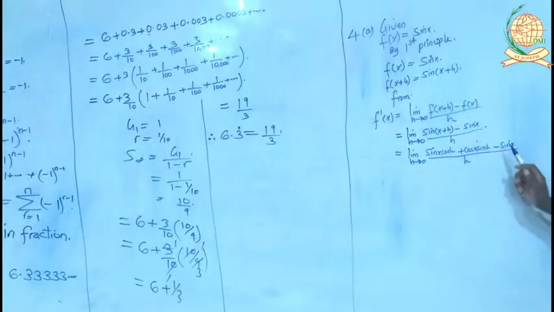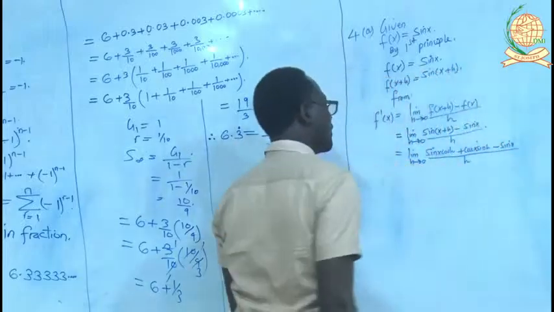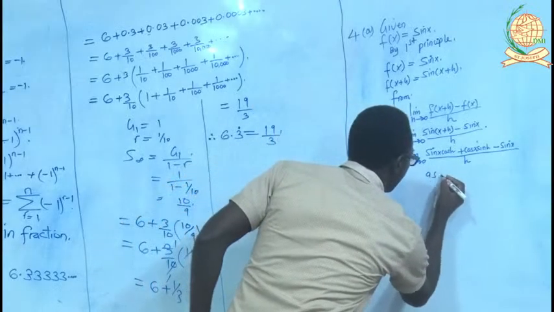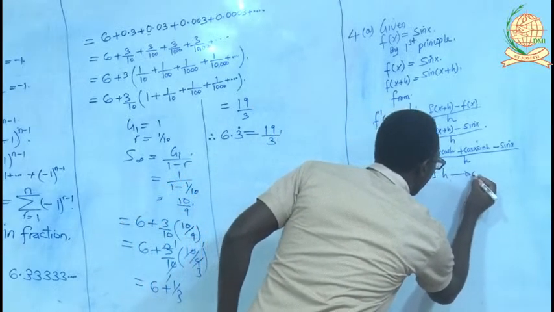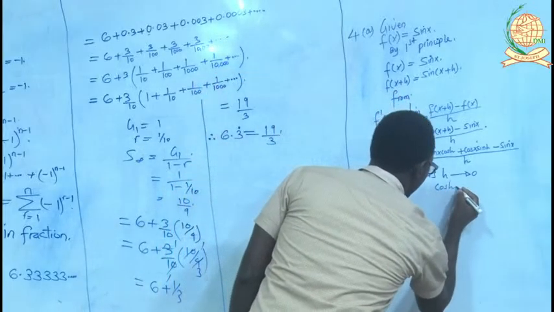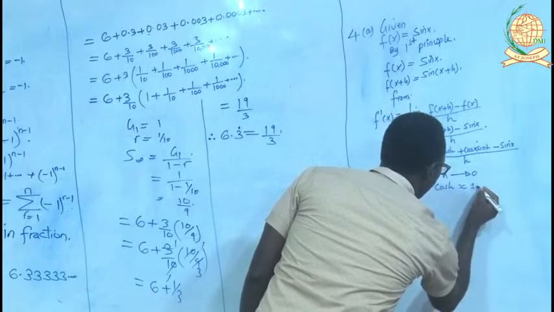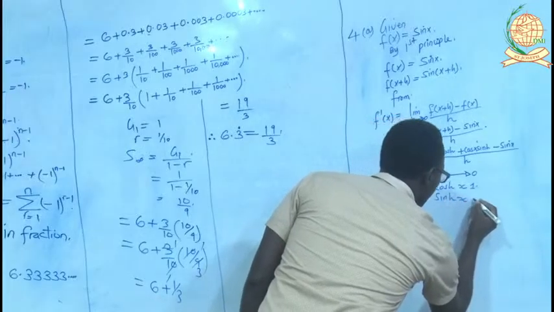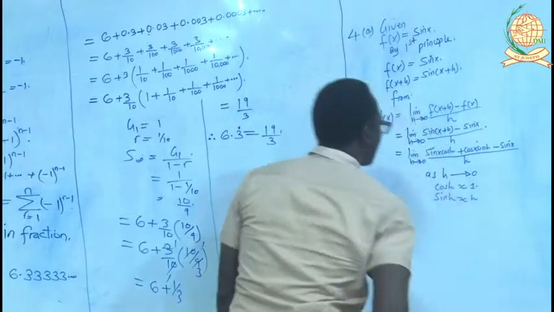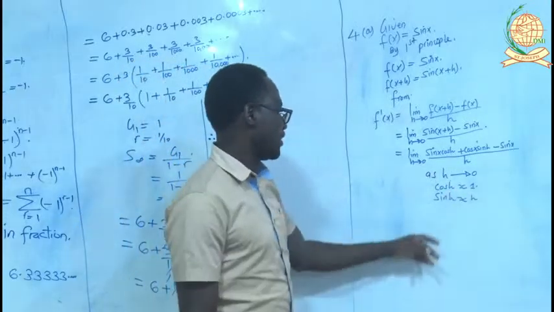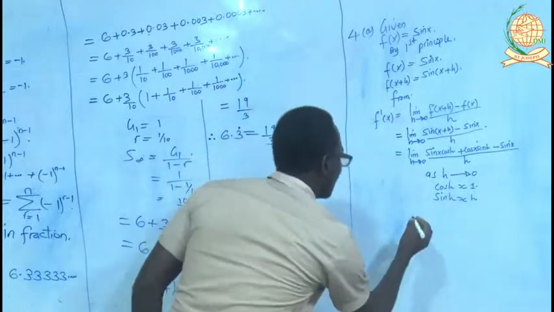Remember the small angle approximation in a trigonometric function. As h goes to 0, cos of h is approximated to 1, sine of h is approximated to h. Then substitute, cos of h is equal to 1, sine h is equal to h.